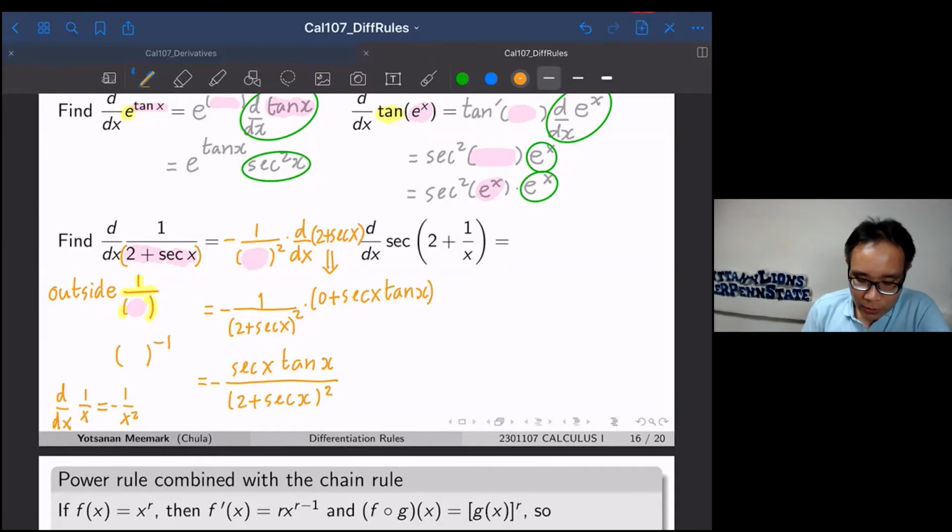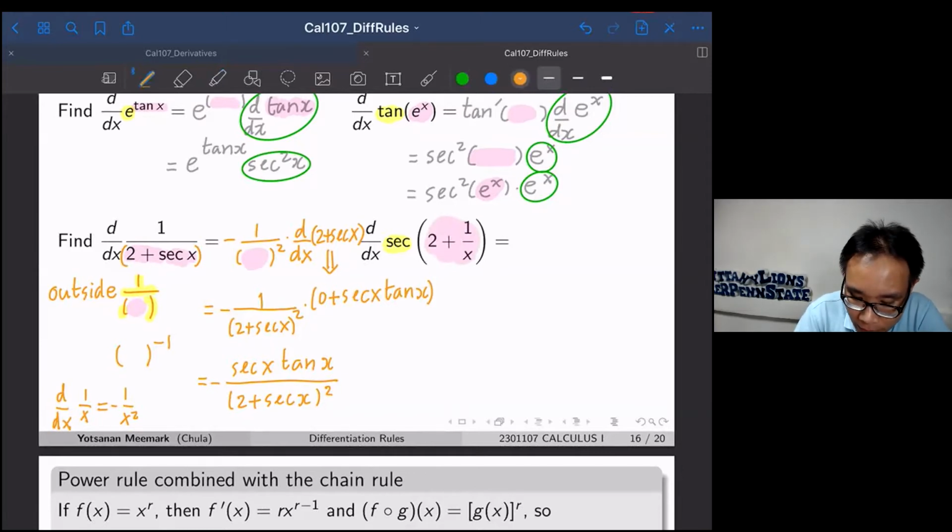Another thing will be you have sec of 2 plus 1 over x. So in this case, sec will be the function outside, and 2 plus 1 over x will be the function inside. So you differentiate sec.